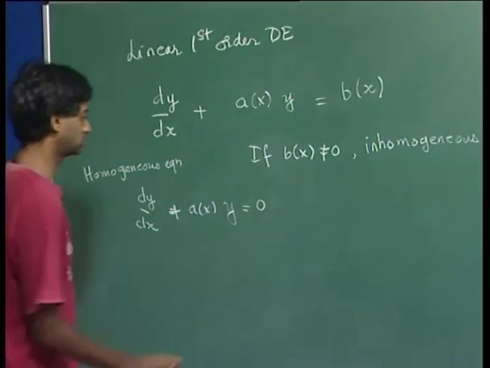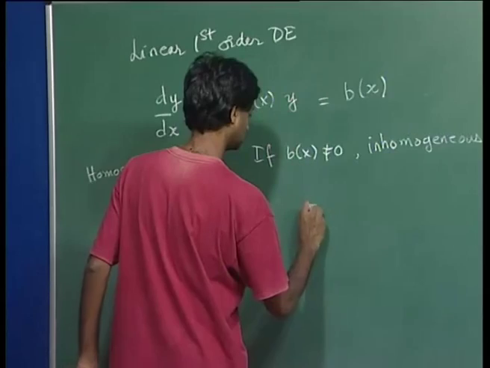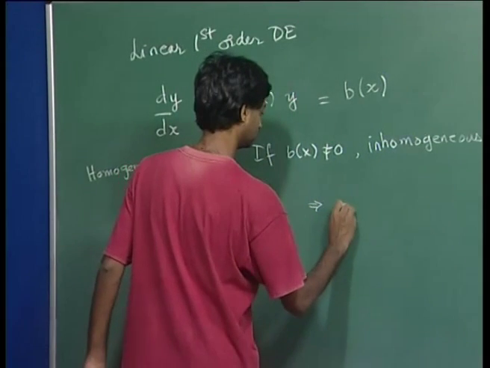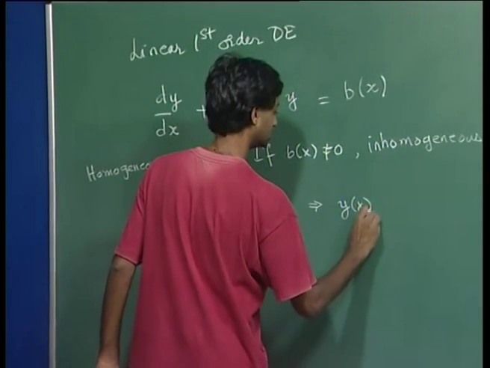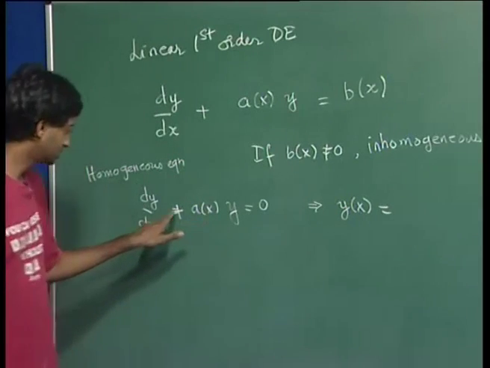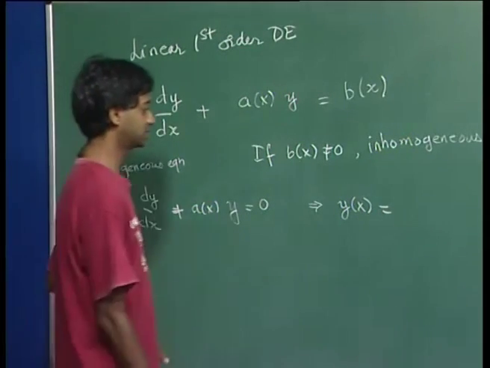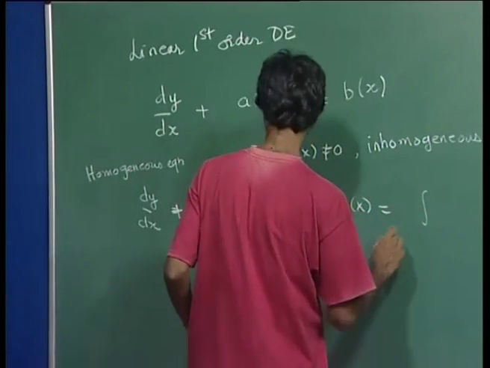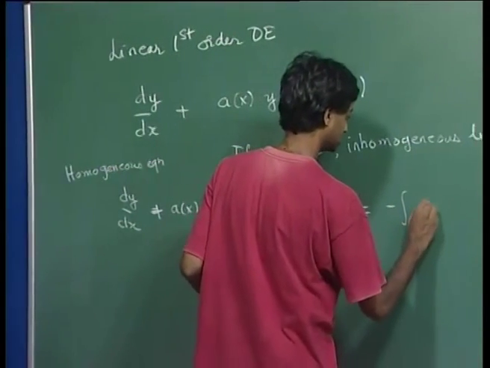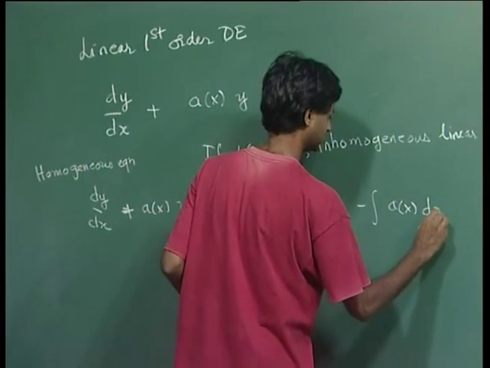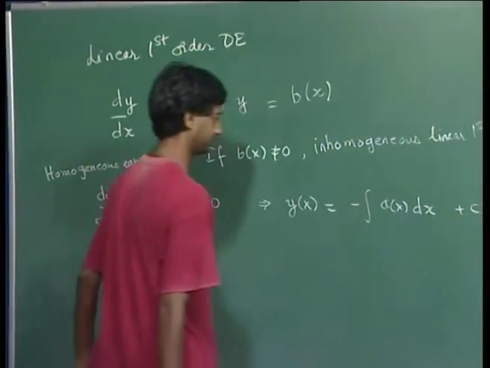You take, so if I take this on the right, then bring the y below. So this is just the integral of minus a of x dx plus a constant.